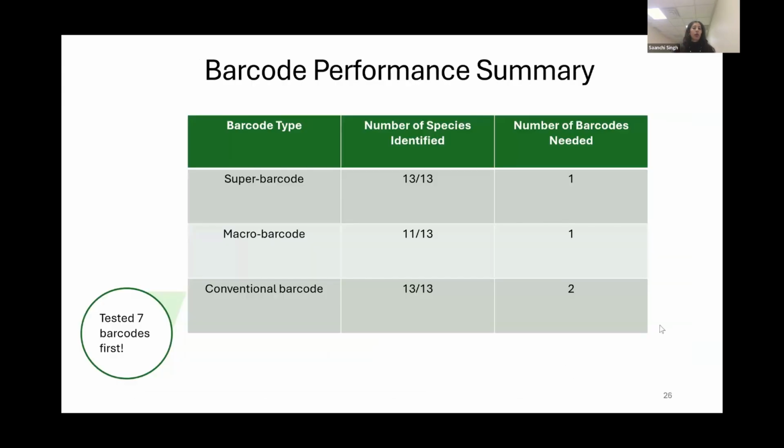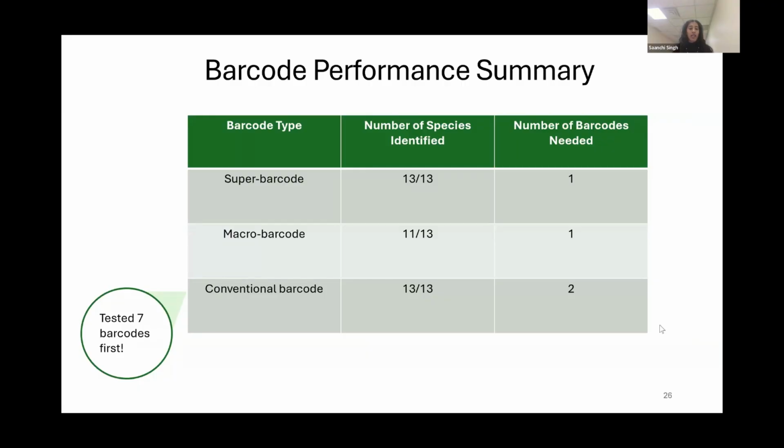I also wanted to give a quick summary of how each type of barcode performed. With the super barcode, we were able to identify all 13 species with one super barcode. With the macro barcode, we were able to identify 11 species with that one macro barcode. We also tested conventionally sized barcodes, and we were able to distinguish all 13 species with 2 barcodes.